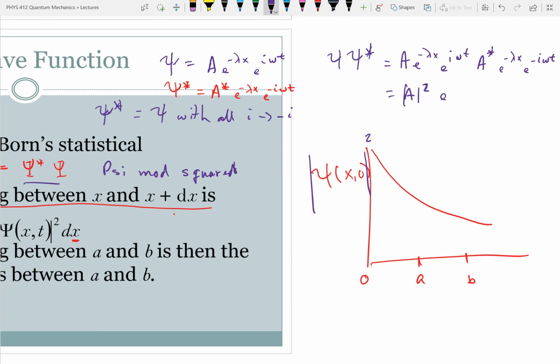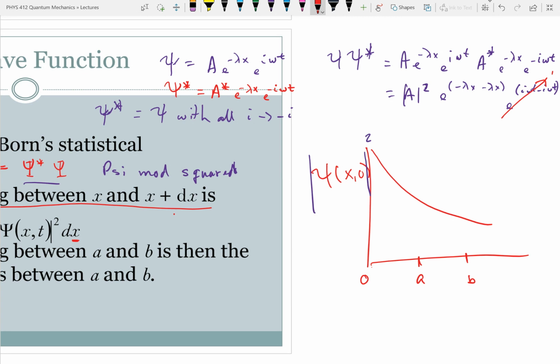And then I have e to the minus lambda x, e to the i omega t minus i omega t. E to the i omega t minus i omega t does a wonderful thing. That's just e to the 0, which is always 1. And so that goes to 1.